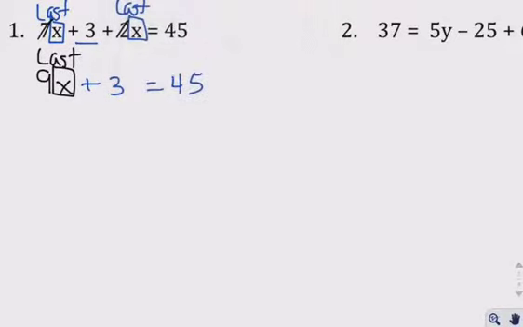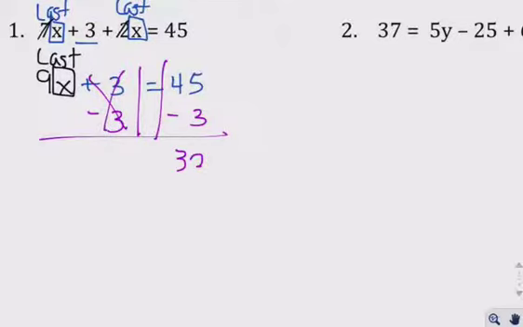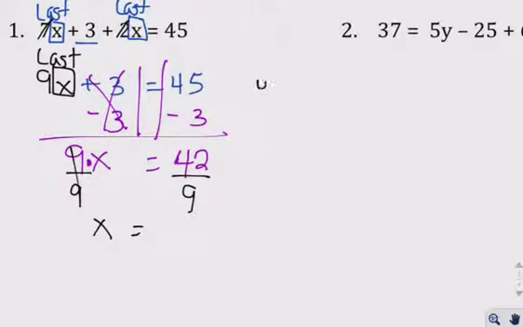Okay, that means we do that 9x last, minus 3 first. Stay on that side, eliminate that. That's 42 equals 9x. And then you see multiply, you do divide. Divide by 9 to both sides. 42 divided by 9 is 4, 5 is 45, too much.